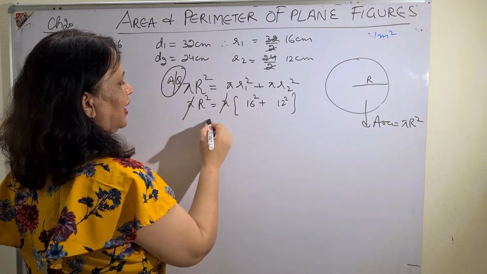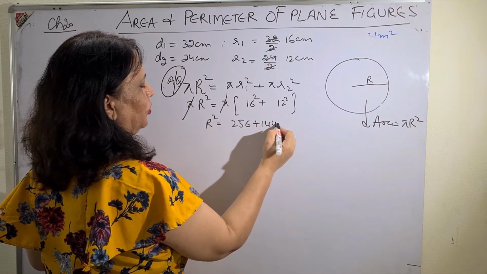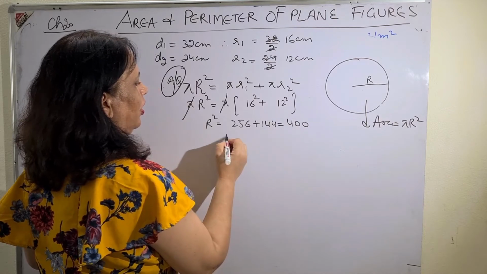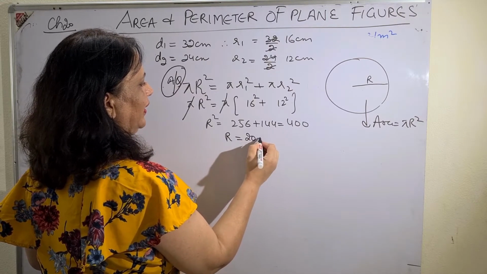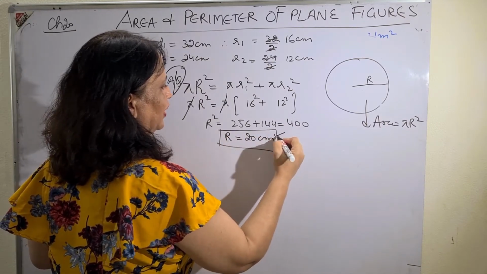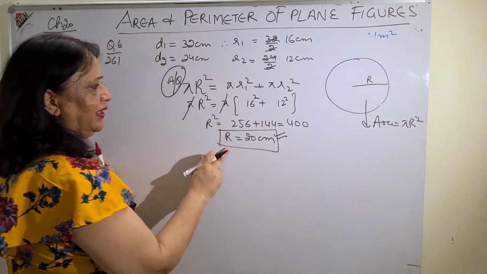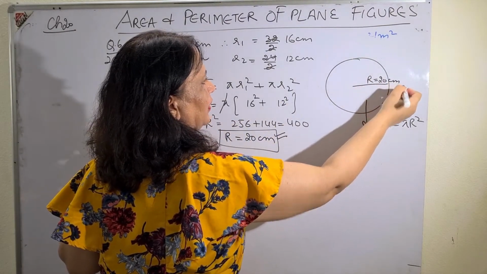Pi cancels, r square is equal to 256 plus 144, which is 400, or r is equal to 20 centimeter after taking the root. And this was my question. I had to find the radius of the unknown circle. So this is 20 centimeter.